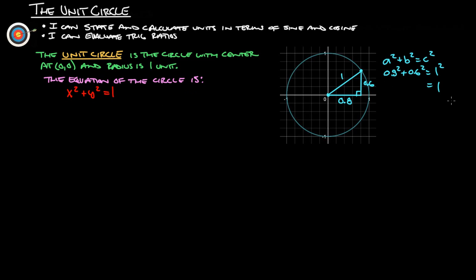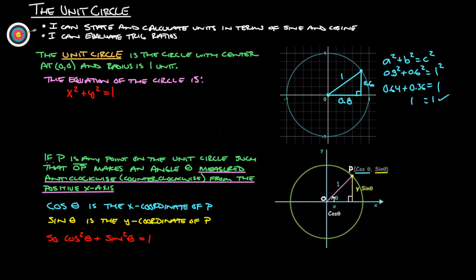So we know that 1 squared is just 1. And then 0.8 squared is 0.64. 0.6 squared is 0.36. And if you add those together, guess what? You get 1 equals 1. Okay, and that's just a little demonstration why the unit circle is so handy and helpful. It just makes it really easy with our ratios that we're going to look at later on. But a squared plus b squared equals c squared will work really nice with that one.